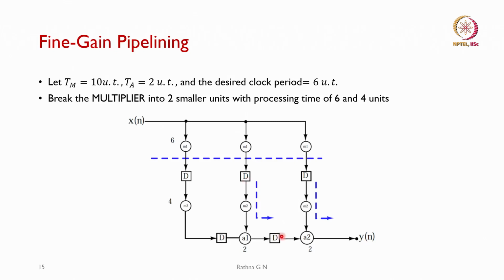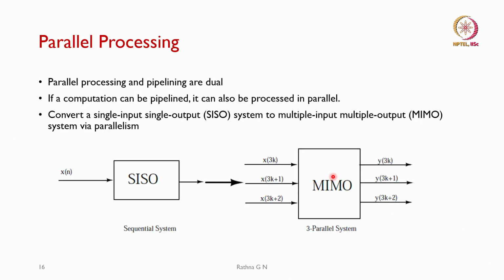From this latch to this latch it has 1 multiplier and 1 adder, which will be taking 6 units of time, and from here to here also. So, this we call fine grain parallelism, or pipelining. So, the next one we will see is parallel processing, how we are going to work on it.